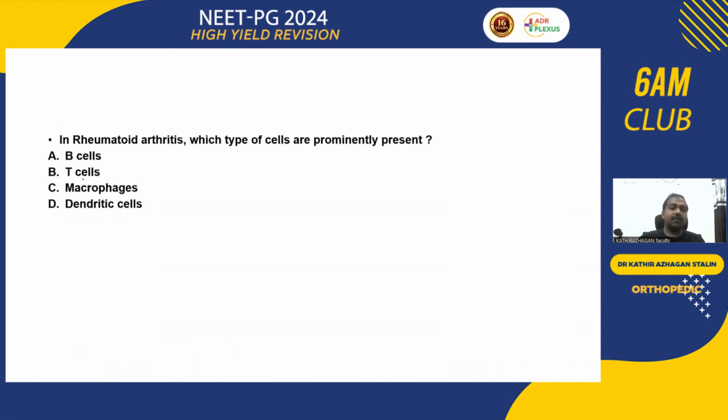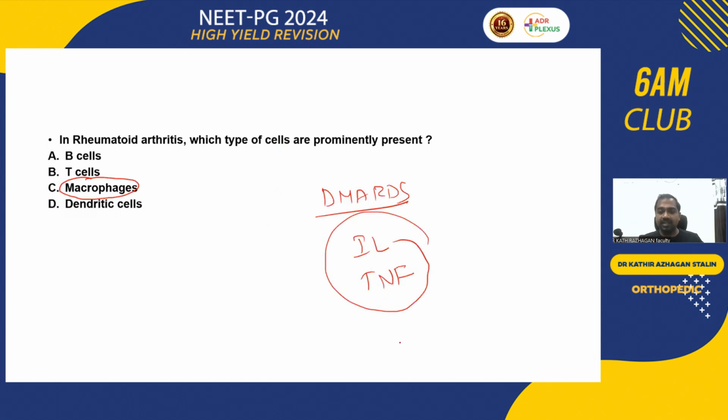The recurrent inflammatory, all the TNF. See, what is the treatment of rheumatoid arthritis? The treatment for rheumatoid arthritis are DMARDs. And DMARDs are interleukin antagonist, TNF antagonist, yes or no? So all these chemokines, are they synthesized by B cells or T cells or macrophages?